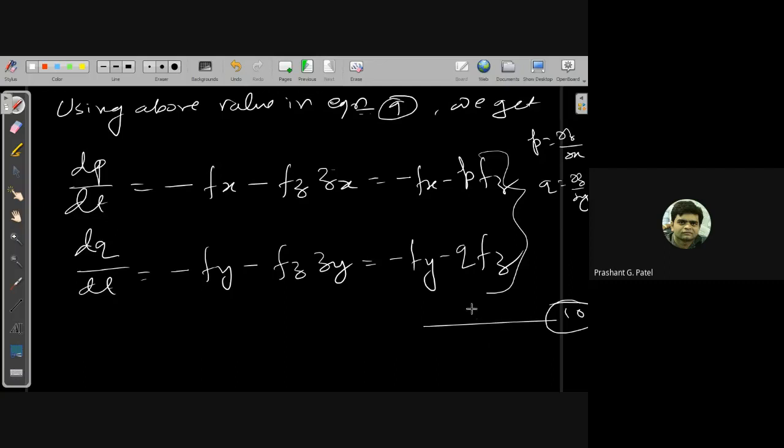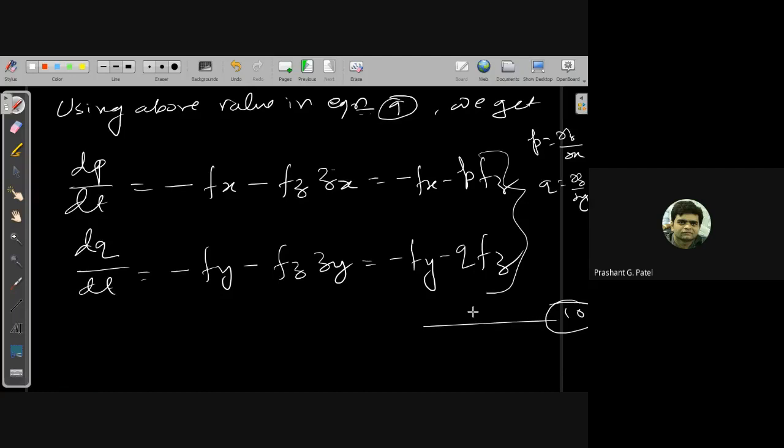This z is equal to f of xy, the integral surface, which corresponds to the family of the curves, surface associated with the coordinate. So that means now we have 6 equations. Altogether there are 7 equations.